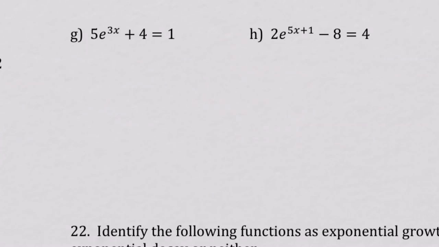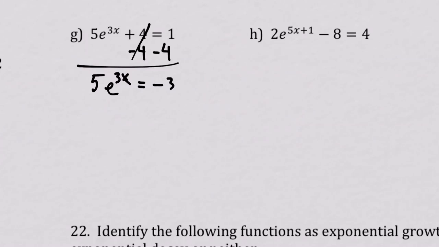Okay, G, same idea. The first thing I'm going to do is subtract 4. Hoping that you guys are getting the hang of this after seeing it so many times. Equals negative 3. Next, I'm going to divide by 5. e to the 3x equals negative 3/5, whatever that is. And I'm done.